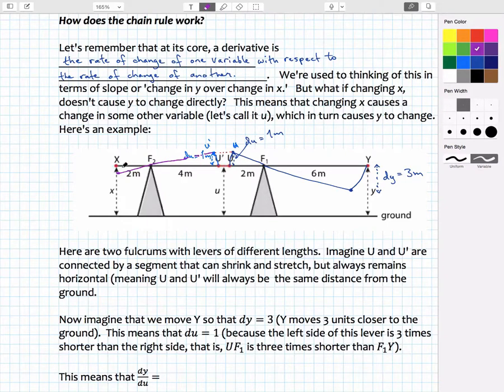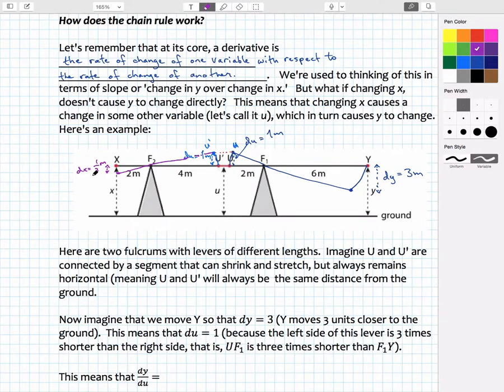So this is twice as long as this, which means any change over here is only going to cause half as much of a change over here. So we could say that this little change, that's our change in x. It's gone down. We could say that our dx is really only 1/2 meter. If this has gone 1 meter, well, that's twice as long, so half of that, that's half a meter change in x.